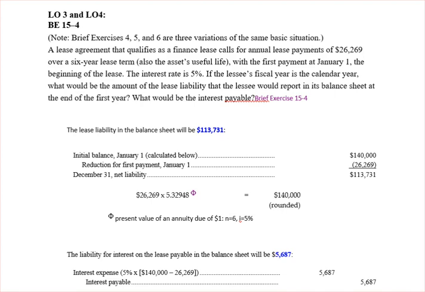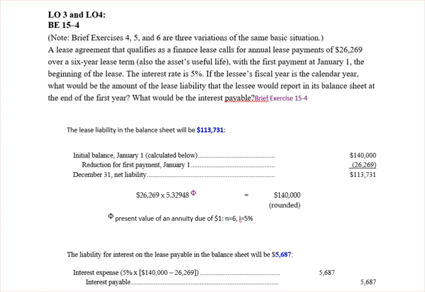The interest will be paid as a part of that $26,269 payment, which is going to be done on January 1st. Because we have accrual accounting, you are going to assume the whole 365 days of it is showing up at December 31st.